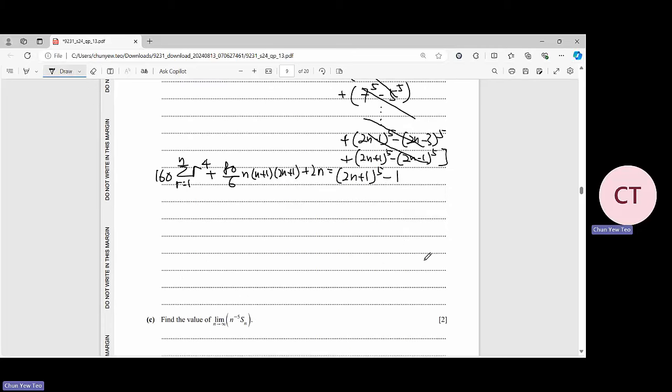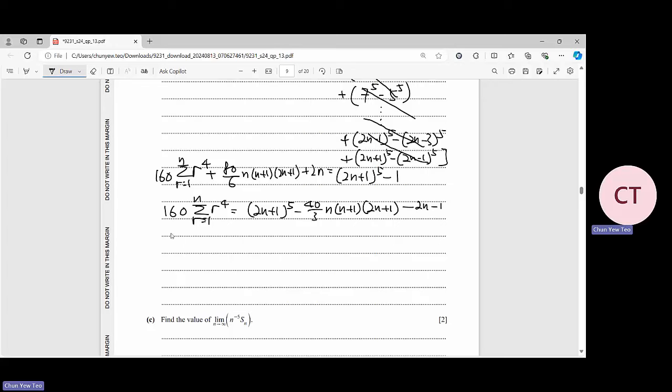Okay, so now I just need to remain this r power 4 at the left-hand side. The rest of the things, I just move to the right-hand side. I get 2n plus 1 power 5 minus 40 over 3, n, n plus 1, 2n plus 1, minus the 1.